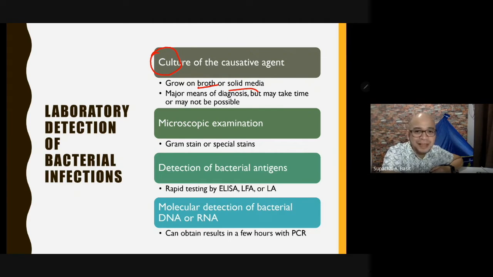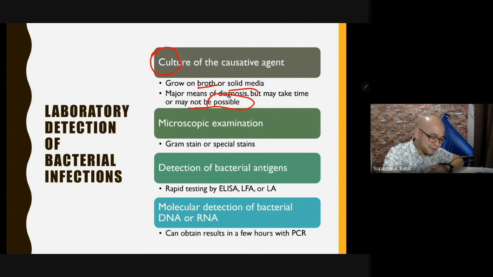It's a major means of diagnosis, but it may take time, for example 24 hours for an ordinary bacterium to grow, but for tuberculosis it would take several weeks. And sometimes culture may not be possible, particularly for extremely pathogenic bacteria such as rickettsia or chlamydia, which would even require live tissue culture or live cell culture.